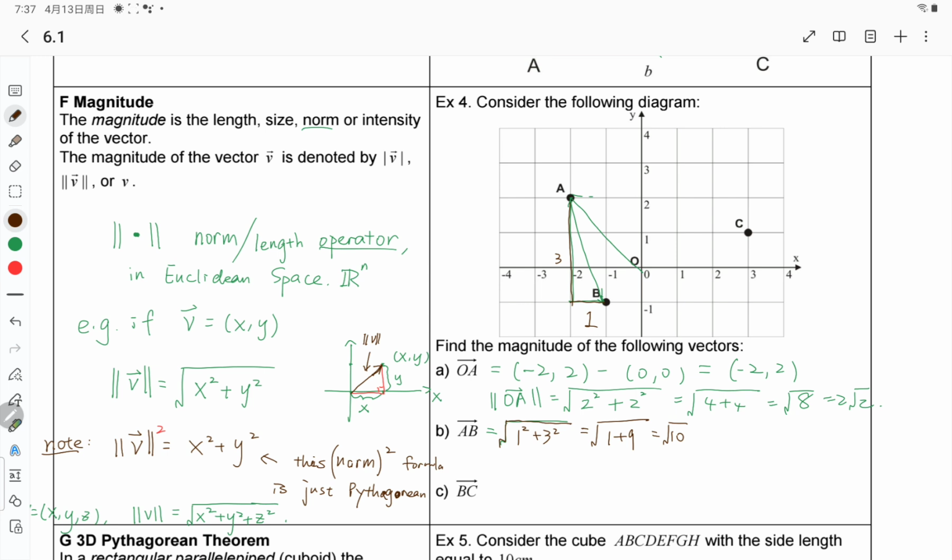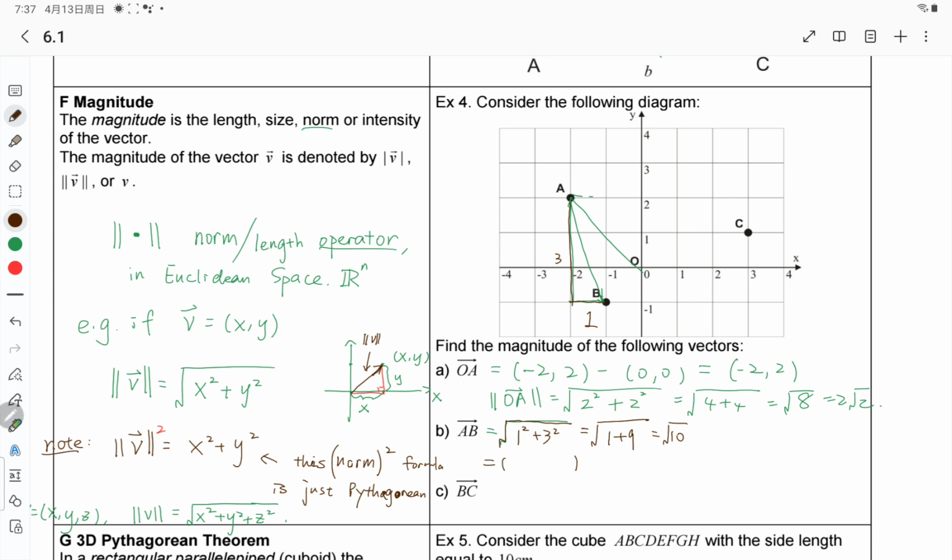You can do this, but the standard way is to first write the vector AB.